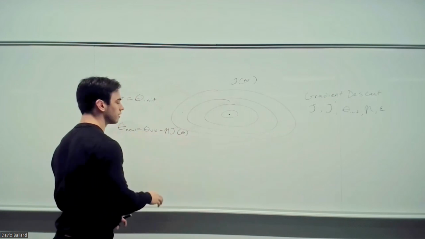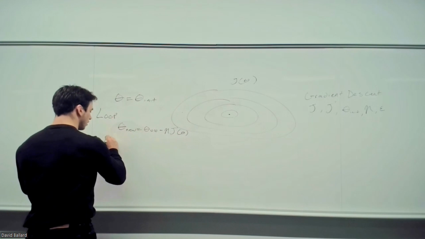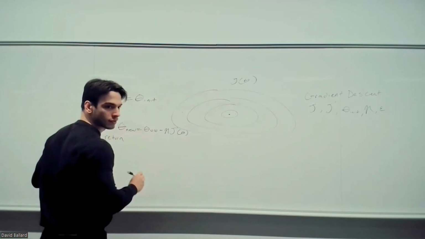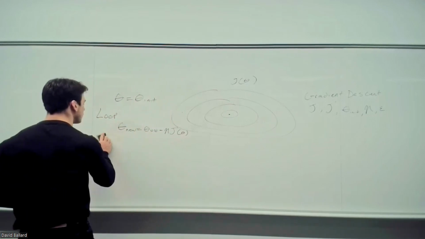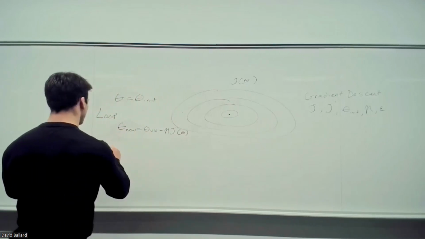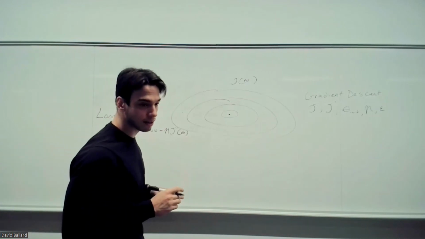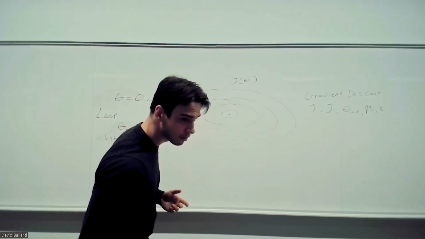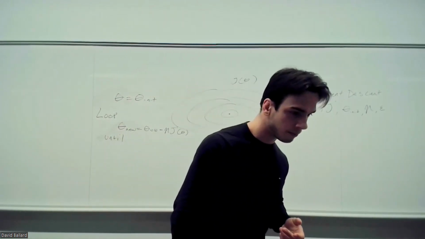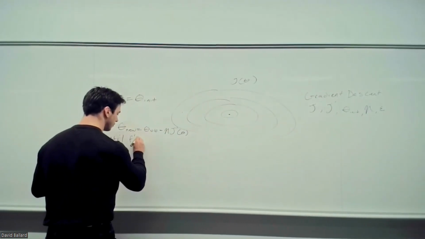We're going to loop, and we're going to do this until J prime of theta is less than epsilon.